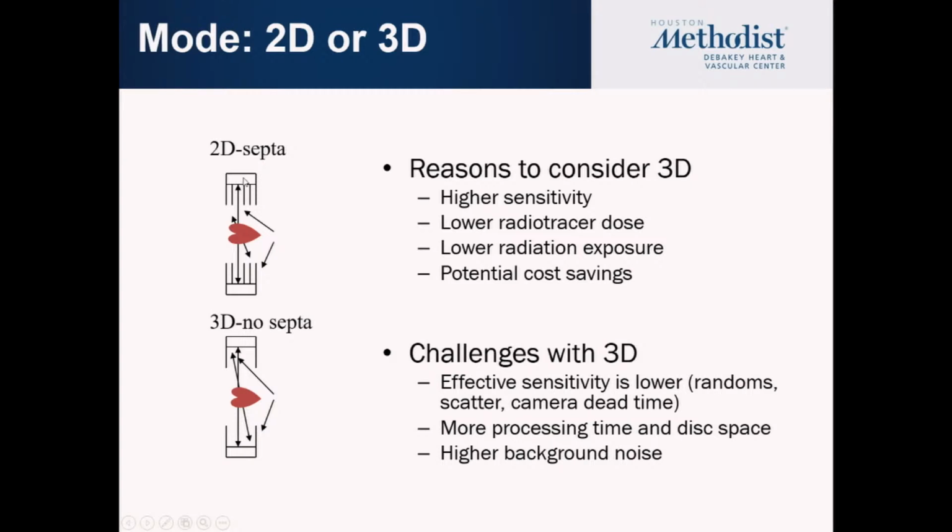In front of the LSO detector, do you have these septae or not? If you have these septae, then it's a 2D system. And these usually allow only one-way direction of the photons to get to the detector. While the 3D has no septae, so both trues and randoms will make it.